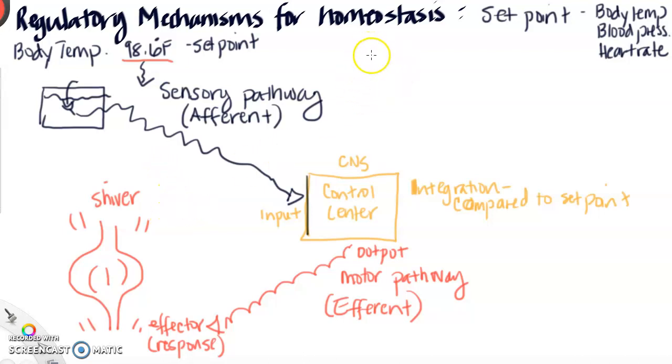Okay, this is called negative feedback. Most bodily activity, homeostasis, is controlled through negative feedback, and all negative feedback maintains a set point.